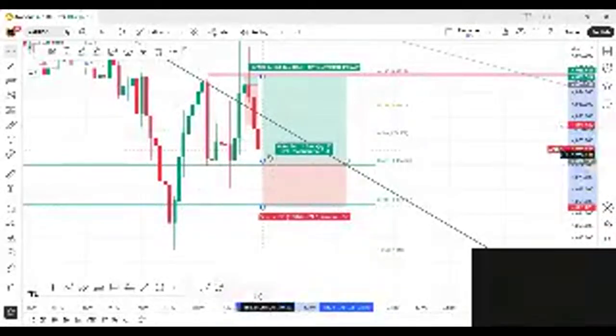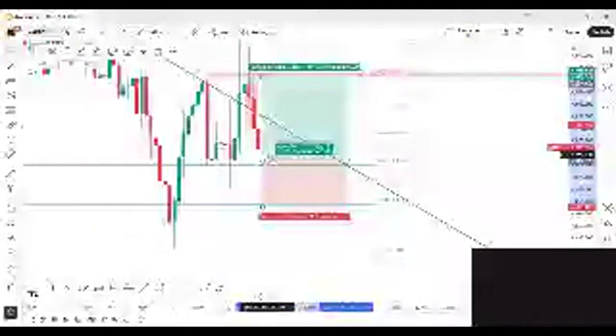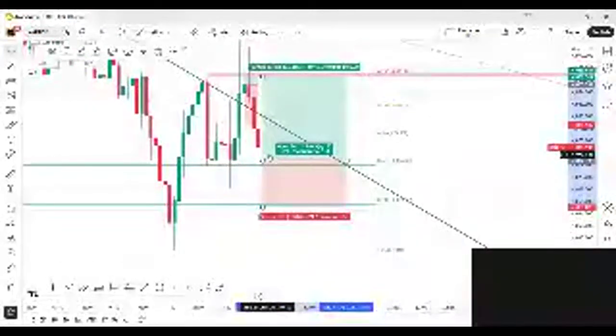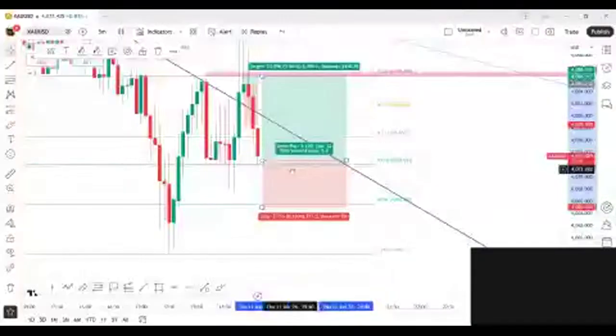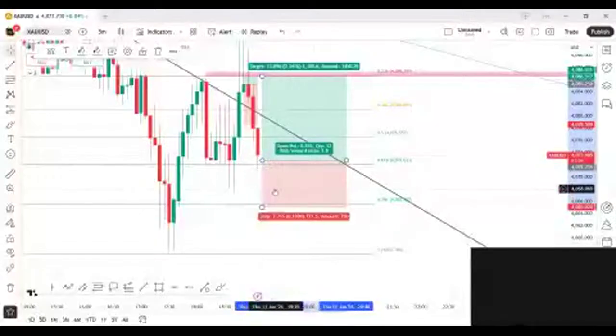You guys can see the market is trying to push again. The market has really nice bullish power, and we still have great buyers at the moment. We will wait for a few minutes, then either we will look for the buy or for the sell.